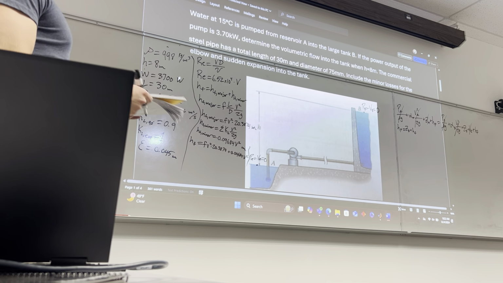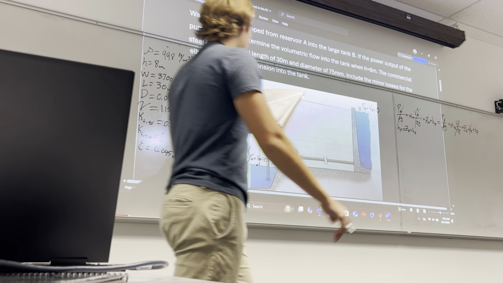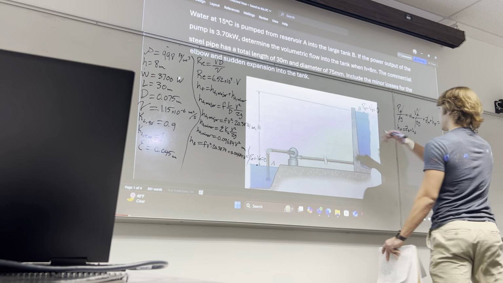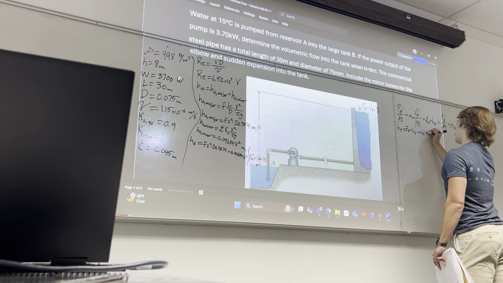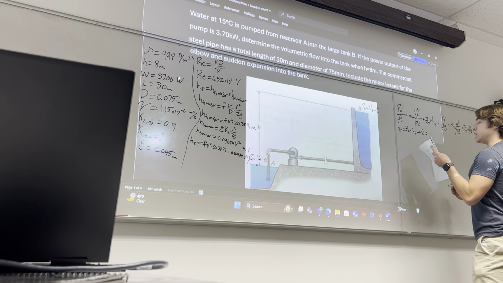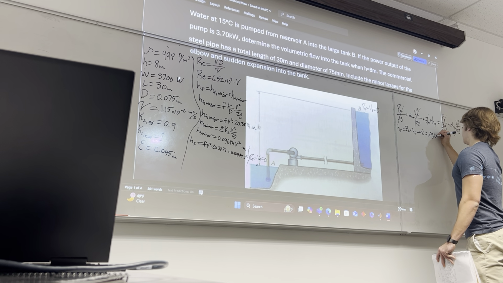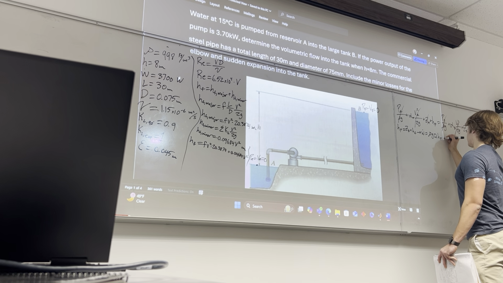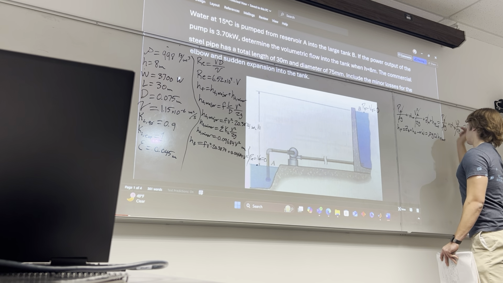Start leveraging that equation. So we know that W dot, or I guess I misspoke there earlier, whatever. But we've got W dot, the work from this pump, is equal to rho G Q times H pump. Okay, cool.